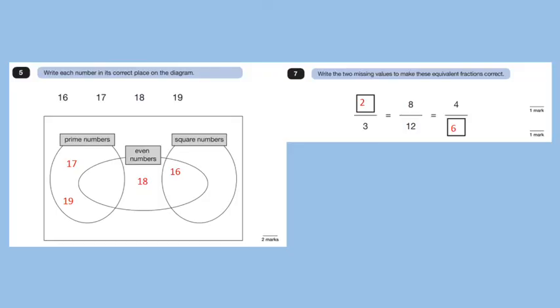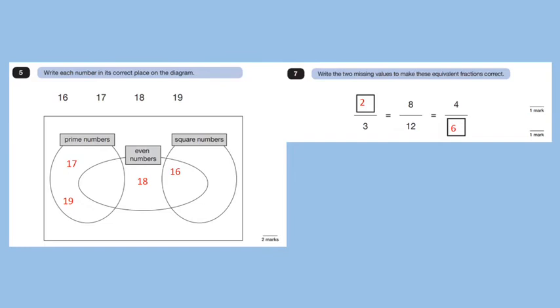Today, instead of doing some more arithmetic, because we're at the end of the paper, we are going to do 2 reasoning questions. So the first question: write each number in its correct place on the diagram. Prime numbers, even numbers, square numbers. Now the parts where the circles overlap mean that it has to be true for both of those. So as you can see, we have got 17 and 19 in the prime number slot.